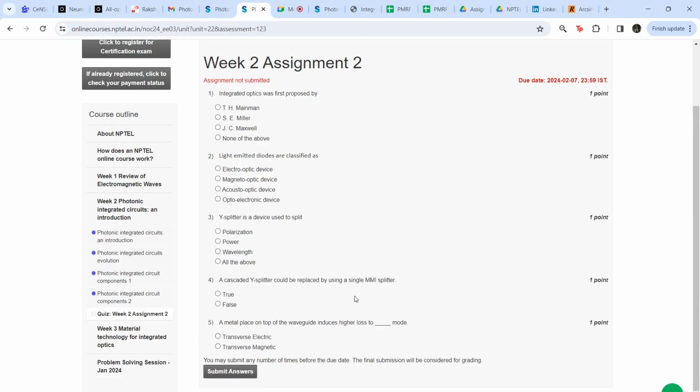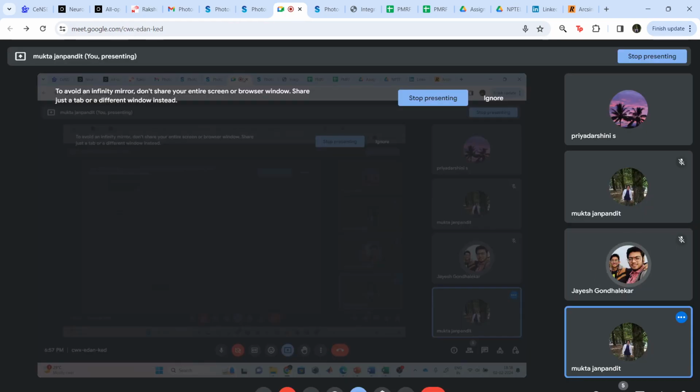Sir discussed it briefly, not completely. I was thinking that this will come in when they discuss waveguides, like how to get different mode solutions. Okay, if he has briefly talked about it, you can do this also.